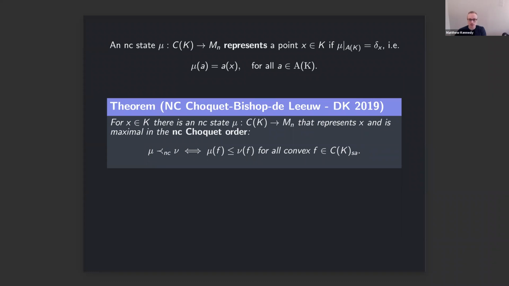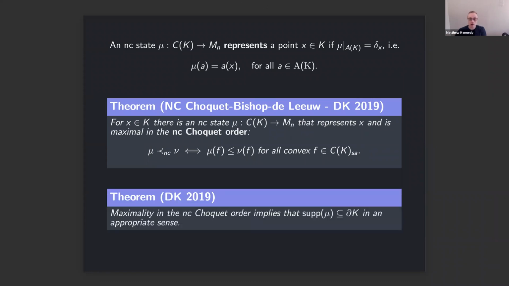It's possible to show that maximality in this NC Choquet order does imply that your measure mu is supported on the set of extreme points in an appropriate non-commutative sense. Things get a little more technical in the non-commutative setting, but there is a natural way to specify that something is supported on the set of extreme points.